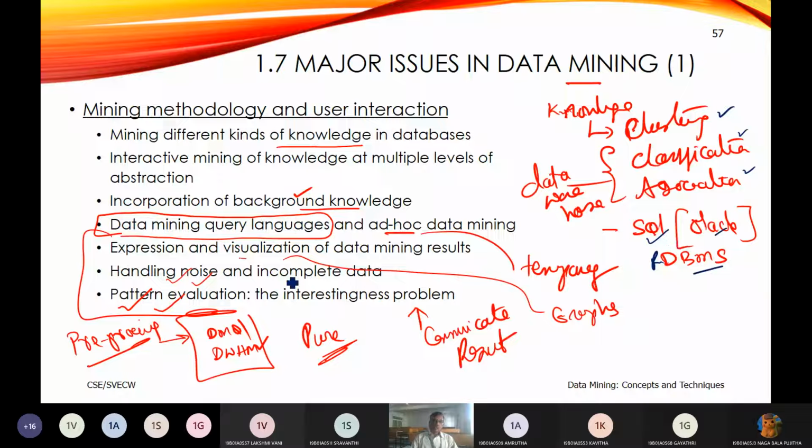But if we are going to do it on a data warehouse, we mostly look at the data mining query language. The inputs to the data warehouse, we are going to call pre-processing, where we will eliminate noise, eliminate incomplete data, and make the data pure. Finally, we will find a pattern, and that pattern we are going to communicate to the end user via graphs, etc.